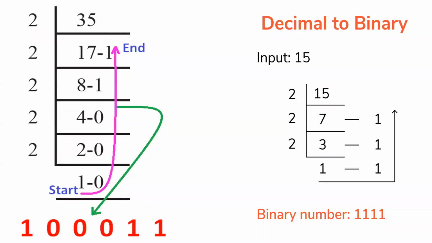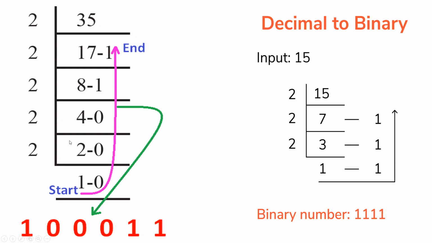Again, two more examples. 35: divide by 2 gives us 17 as the quotient and 1 as a remainder. Divide 17 by 2, 8 as the quotient, 1 as the remainder. The remainder has to be written alongside. Divide 8 by 2, 4 as the quotient, 0 as the remainder.